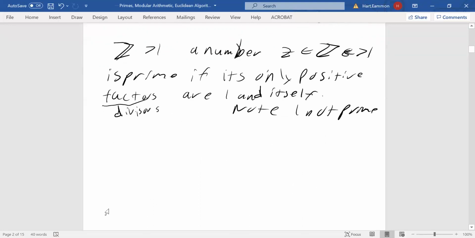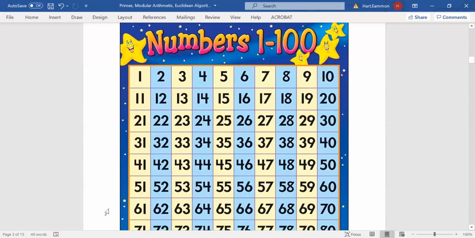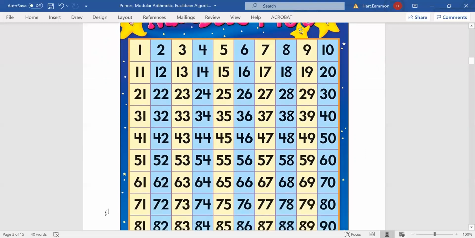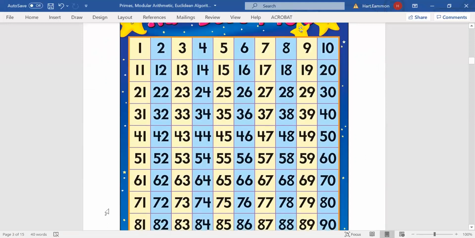So how do we tell if a number is prime? There are a lot of different tests for it, but the simplest, old-fashioned one is to line up every single number. We're not looking at 1, so we can cross that out. Then we pick out 2.